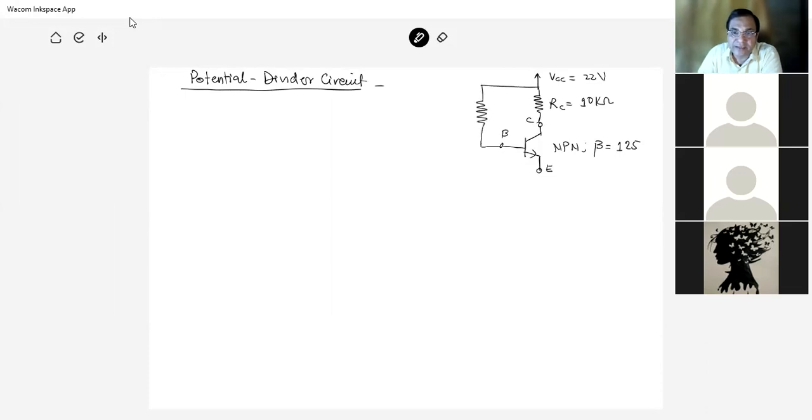ये एक resistance लग गया यहाँ पे R1, and this R1 resistance is 39 kilo ohm. And it is connected by another resistance R2, 3.9 kilo ohm. And here it is the resistance, and this is 1.5 kilo ohm.